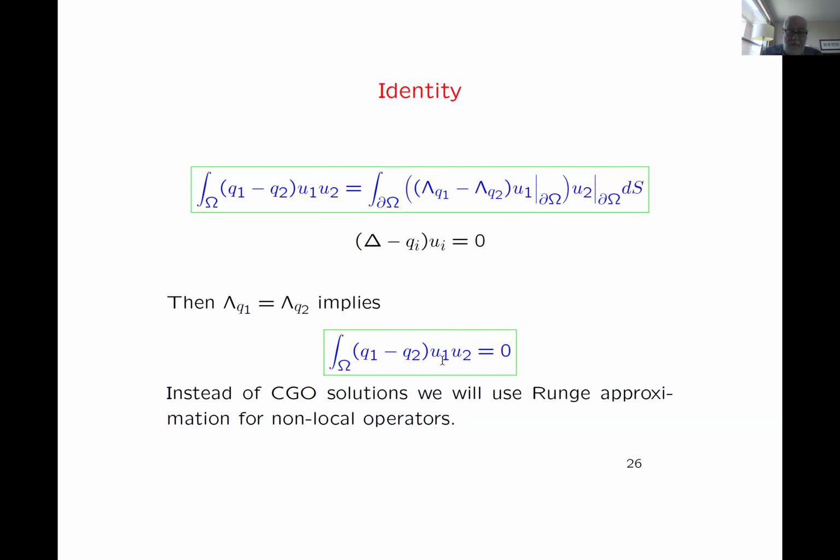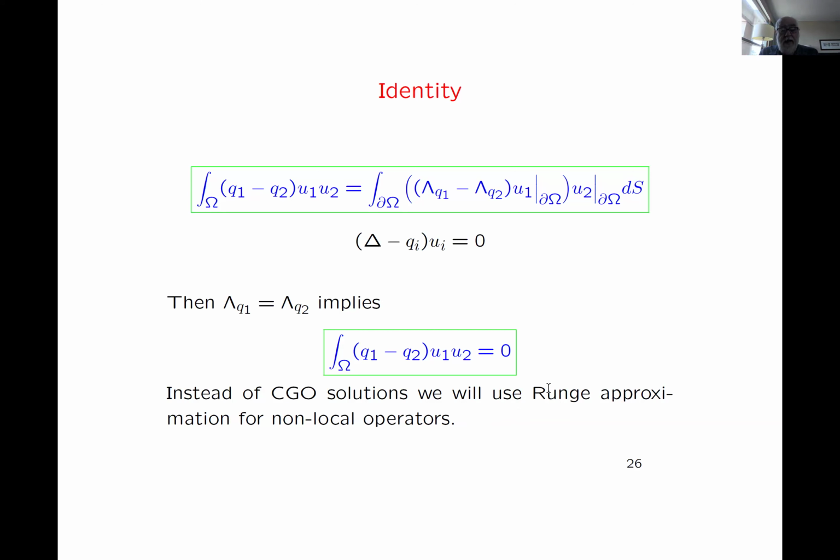And what we used before is the complex geometrical optics to get that the products of solutions are dense. But now, using the non-locality, we're going to approximate the solutions of the fractional equation by any function, by using the Runge approximation for non-local operators.